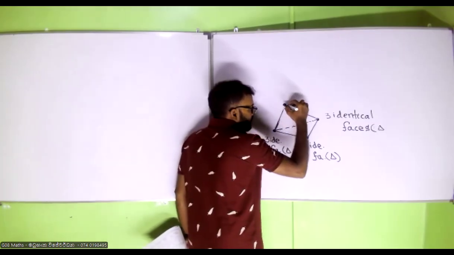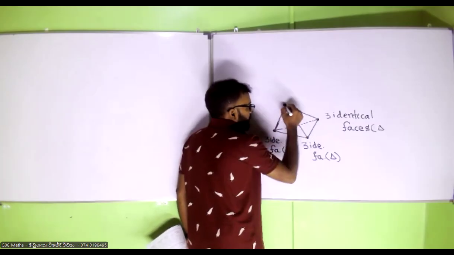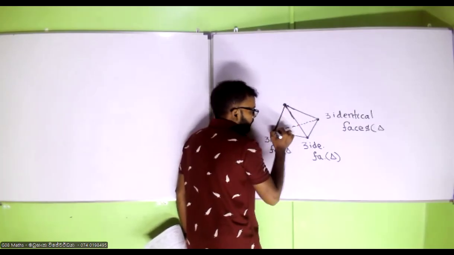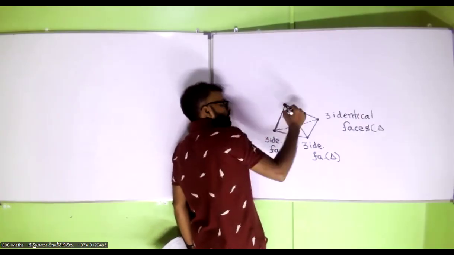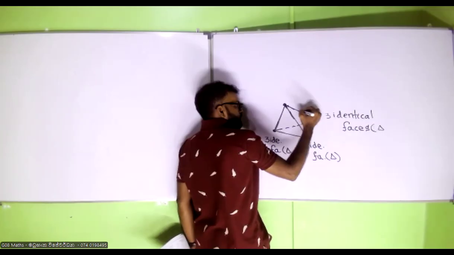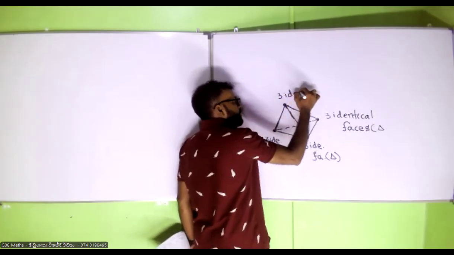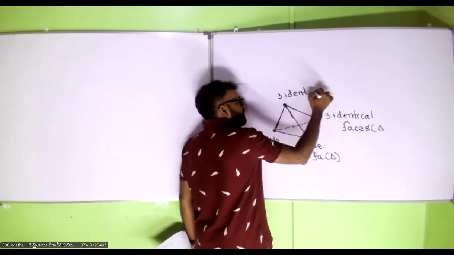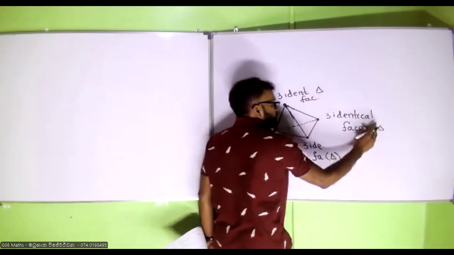This is one of the faces, 1. And the other one is this, 2. And back we have 3. Again 3 identical triangular faces.